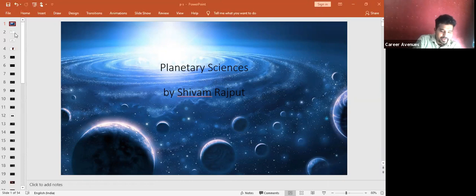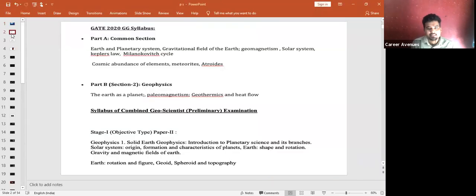Here we have the syllabus of GATE, GSI, CSIR as well as JAM. Let's see GATE first. According to the latest syllabus of GATE 2020, the most important topics of planetary science are: basics of planetary system, solar system, gravitational field of Earth, geomagnetism, Kepler's law, Milankovitch cycle, and cosmic abundance of asteroids.